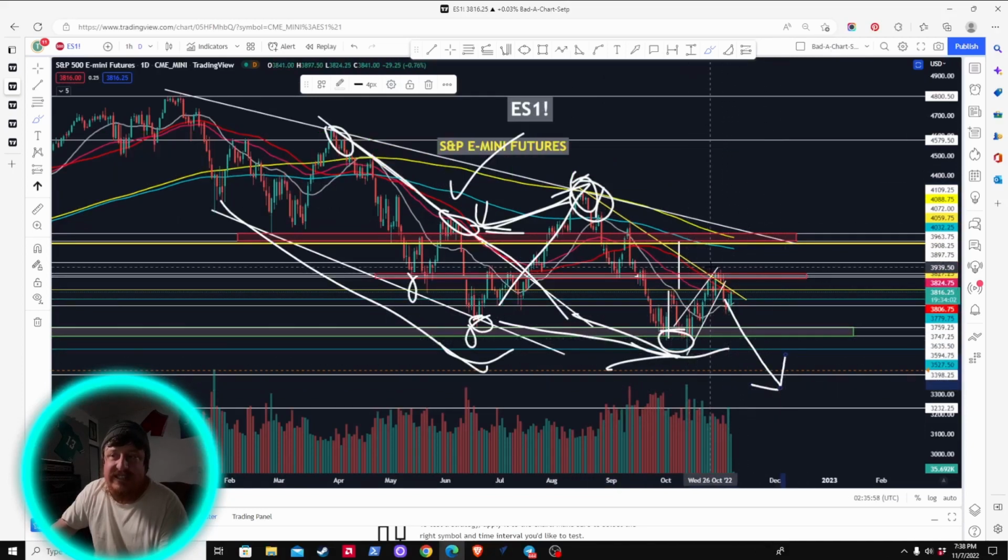The question is: is the lower high what we've already put in, or is there still some room to the upside to something like right here before we roll over and put in a lower low? These are the kinds of things that you're tracking, starting with the daily chart, getting it all charted out, and then moving into something like the 4-hour to trade sometimes the trend within the trend, so to speak.